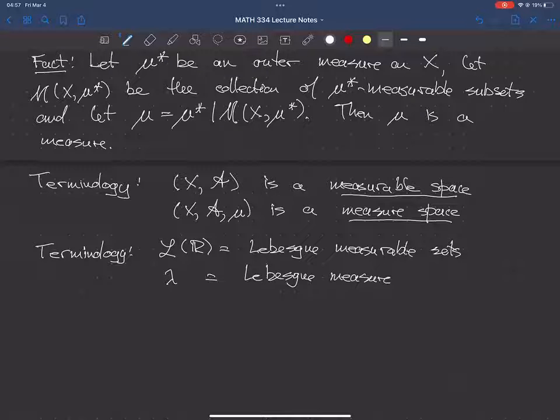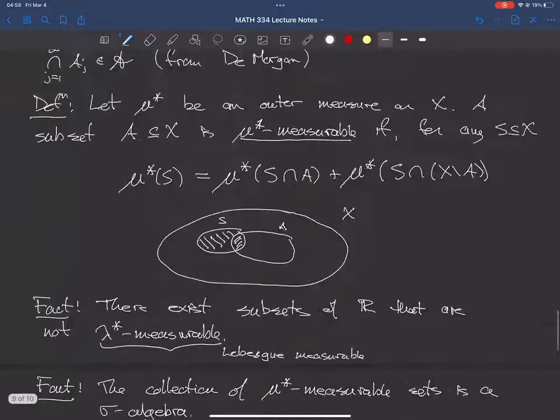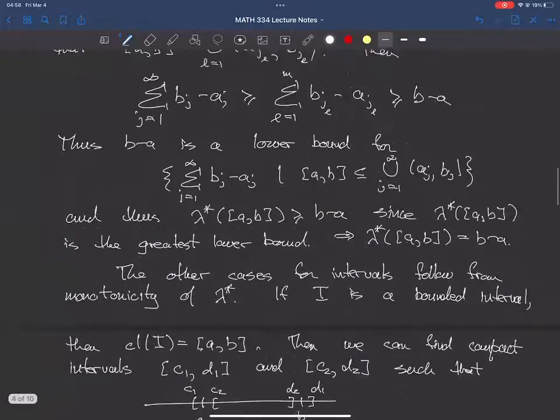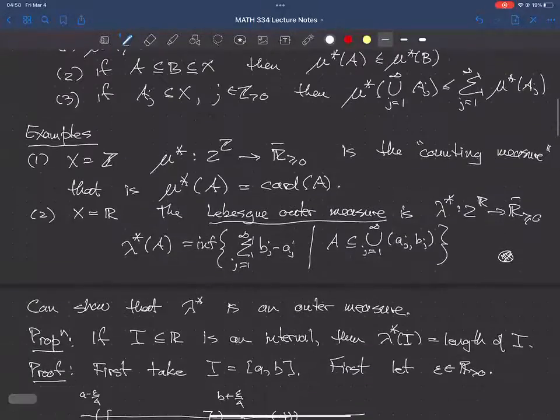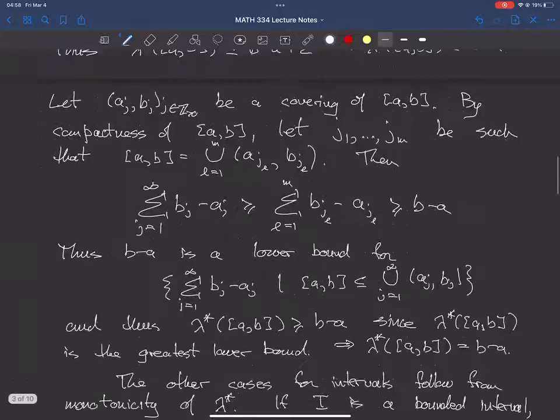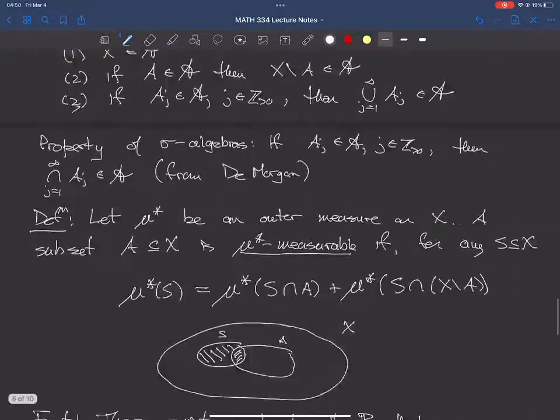So the Lebesgue measure, the way you define it, is no different from how you define the Lebesgue outer measure. The Lebesgue measure of a set is still that. The only difference is you're now restricting the kinds of sets A that you're measuring.